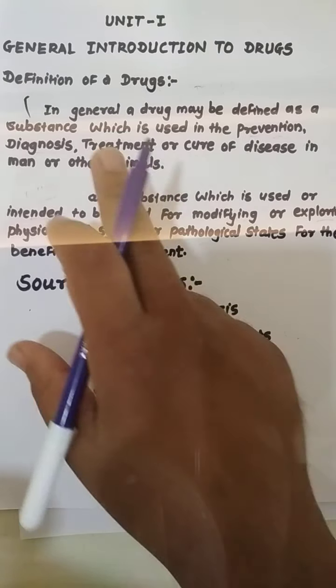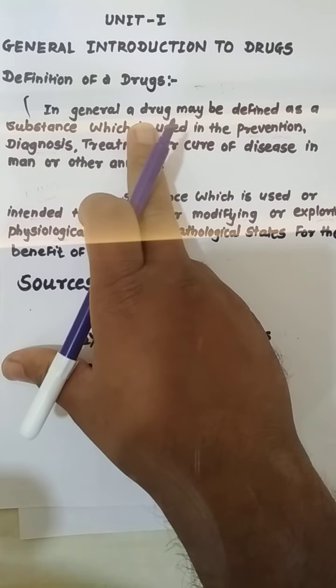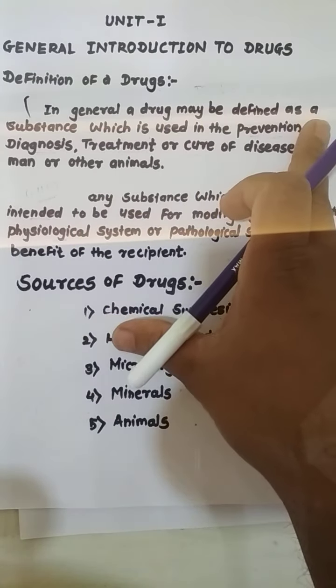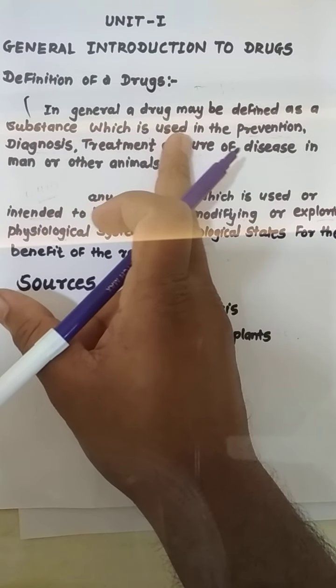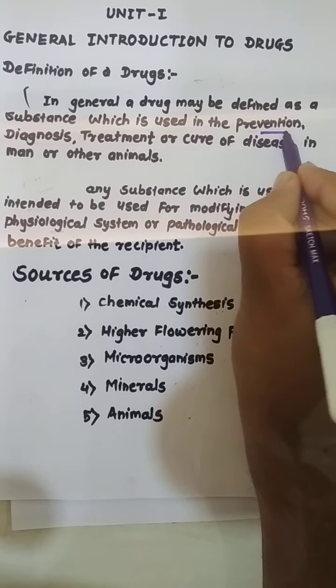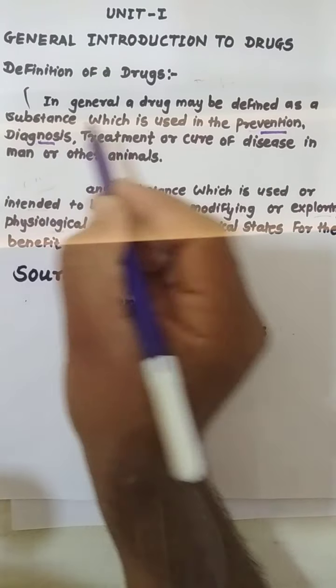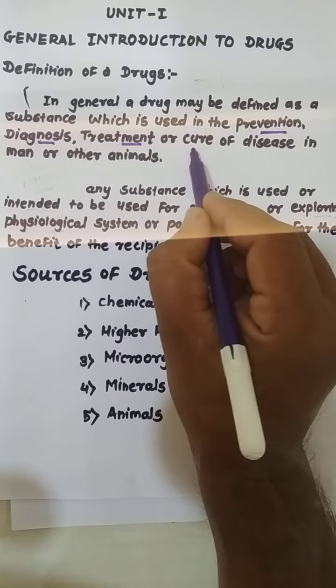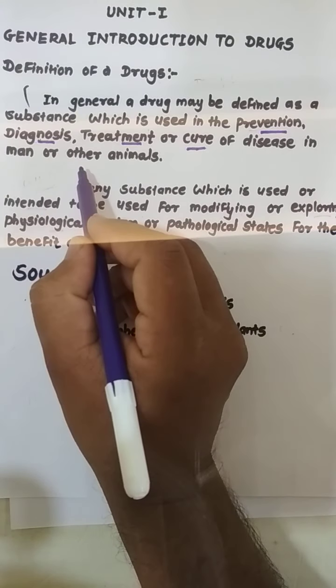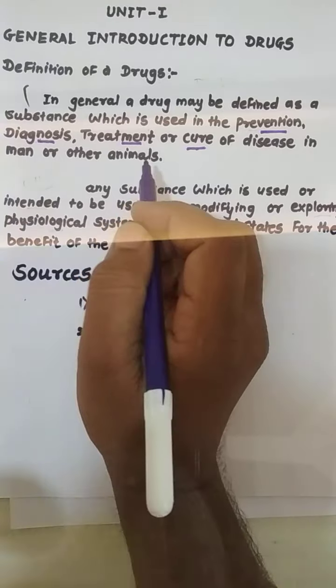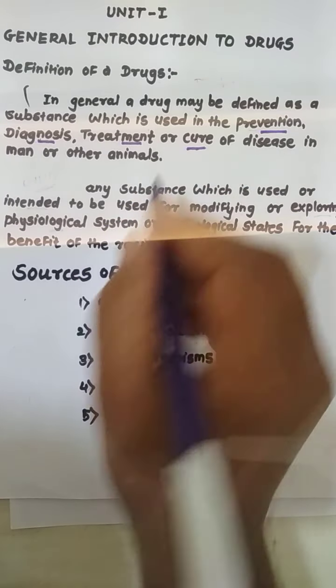In general, a drug may be defined as a substance which is used in the prevention, diagnosis, treatment or cure of disease in man or other animals.